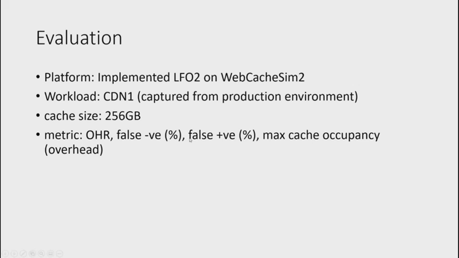Since we're giving objects a second chance, there may be some requests that we really should not admit, but we end up admitting them. We call those false positives. We're going to measure that percentage. We also want to know the overhead of LFO2 given different likelihood thresholds. We evaluate the overhead in terms of cache occupancy.